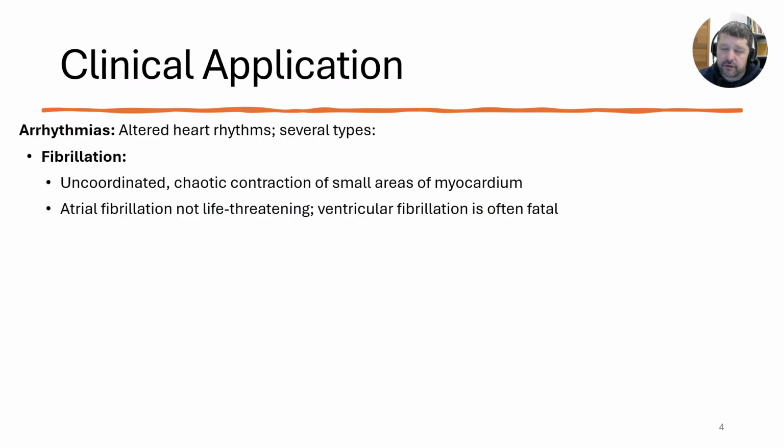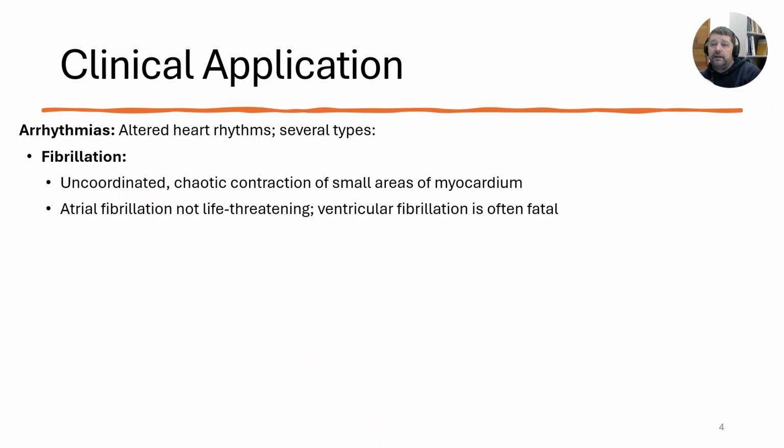fibrillation, or the uncoordinated contraction of myocardium. So you can have atrial fibrillation, which means the atrium is not coordinated. So maybe the right is contracting and then the left is contracting, so they're not in unison.